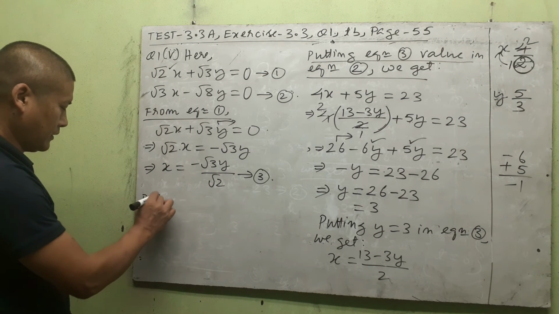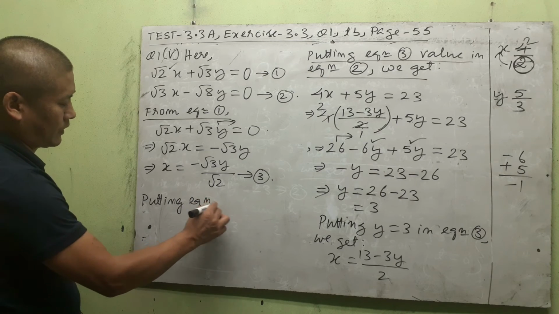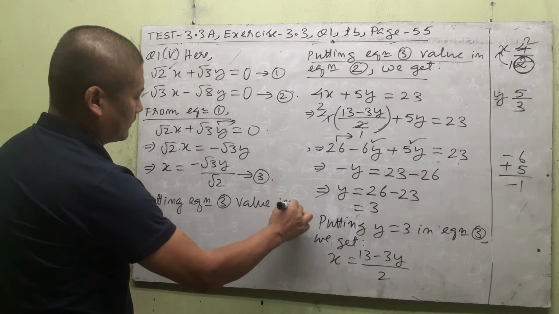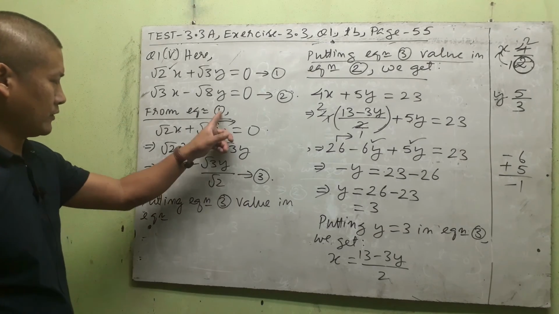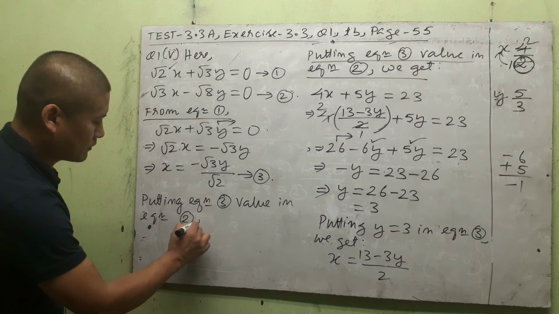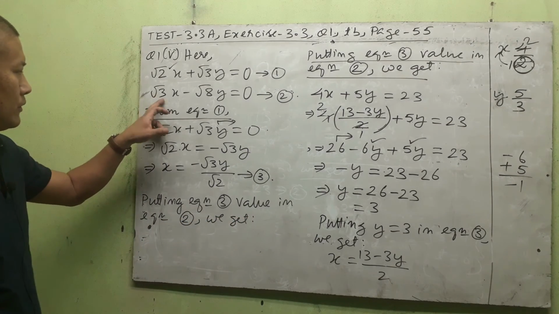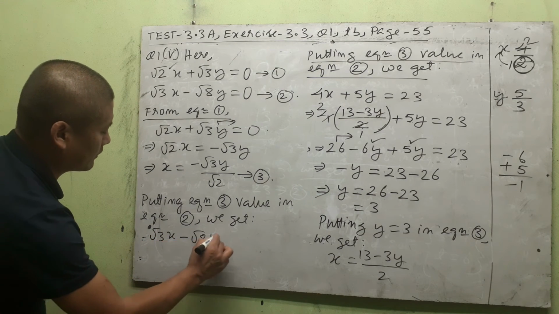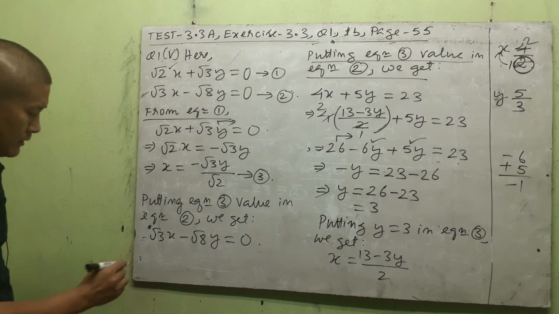So putting equation 3 value in equation 2, since we got 3 from 1, so we will not put it in 1 but in 2. Root 3x minus root 8y is equal to 0. That is equation 2. Let's write it once.